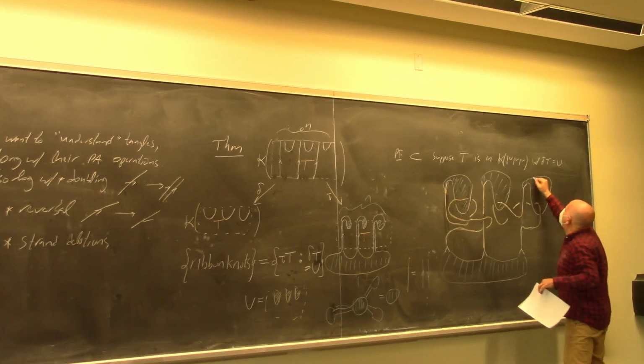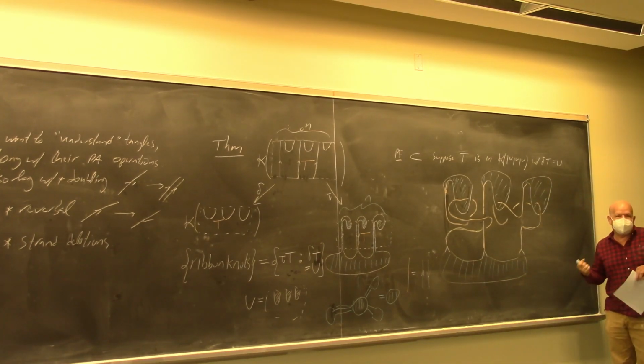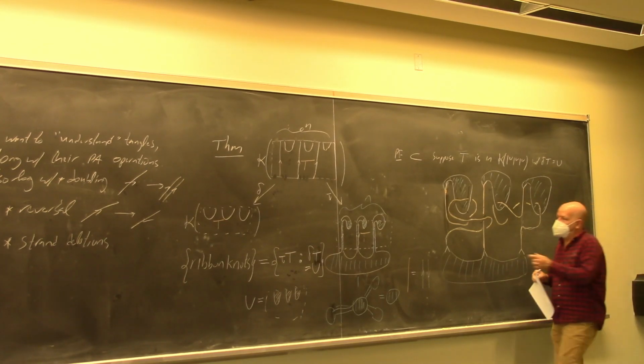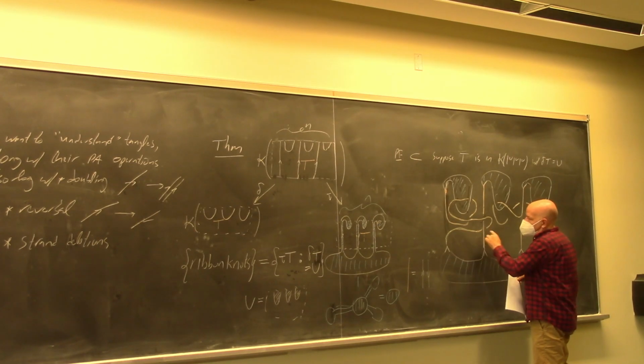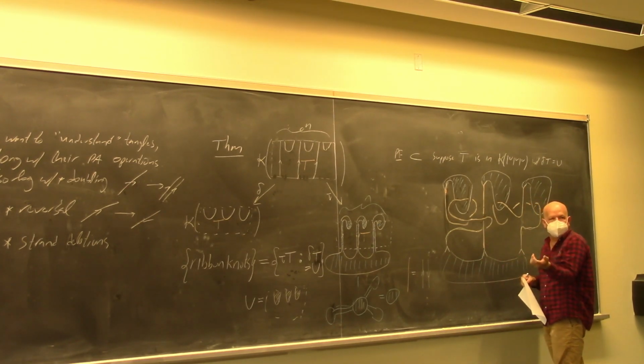So basically our picture bounds the blue disk. What singularities does this blue disk have? Well, the orange lines don't intersect each other, so the bands that they become also don't intersect each other.